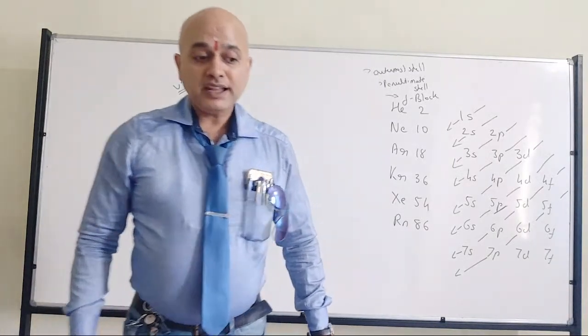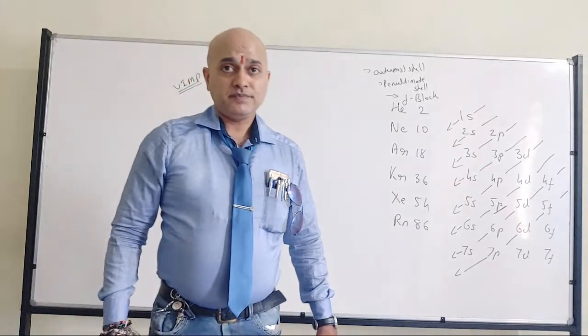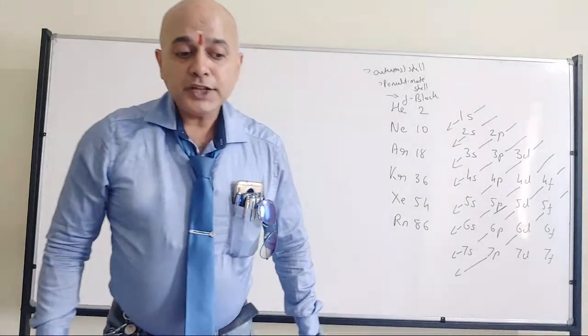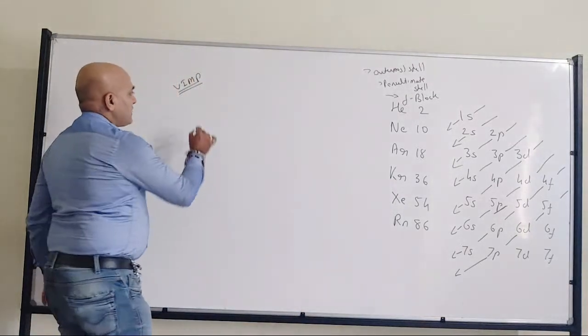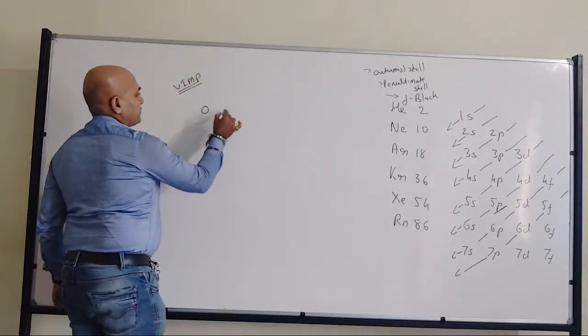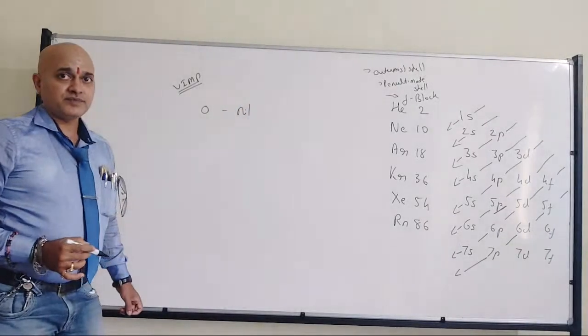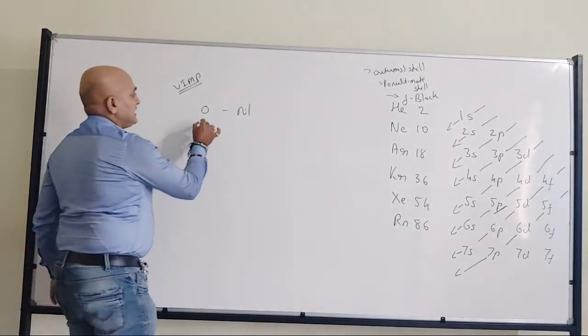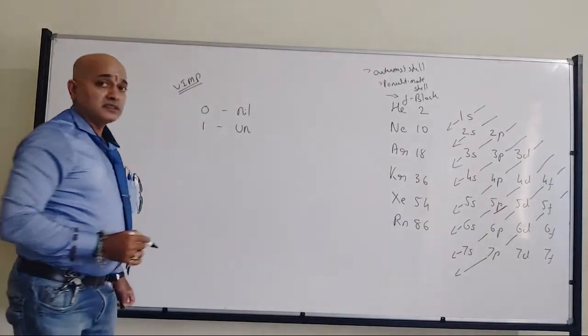So what I mean to tell you is, we are talking about IUPAC nomenclature. Fine? Say for example, if you have 0, in this case we will consider it as nil. If it is 1, then we will call it as un.